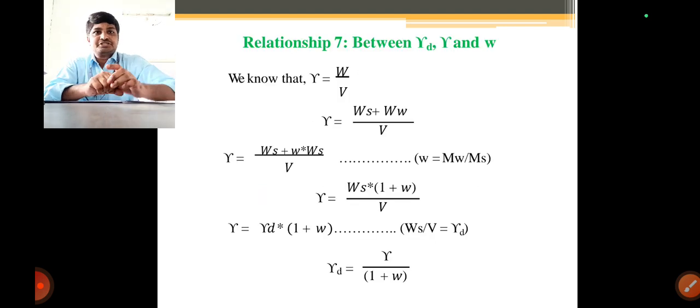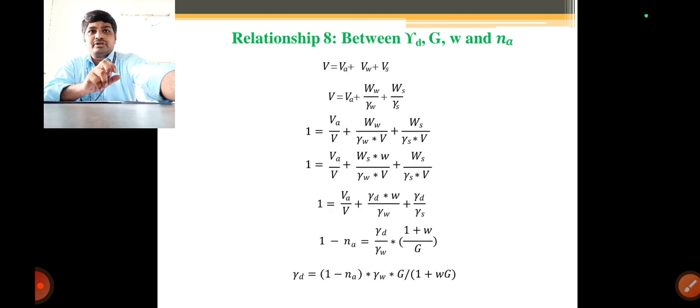And one more relationship between the dry unit weight of the soil and water content: gamma d is equal to gamma by (1 plus w). And one more relationship is between the dry unit weight, specific gravity, w, and Na, where w means water content and Na means percentage of air voids.